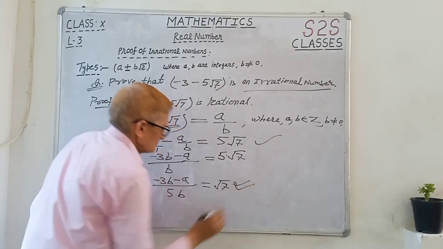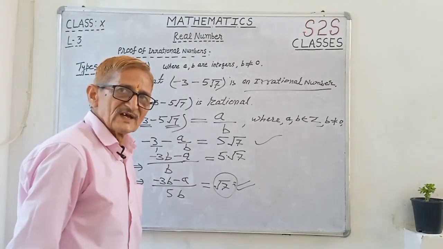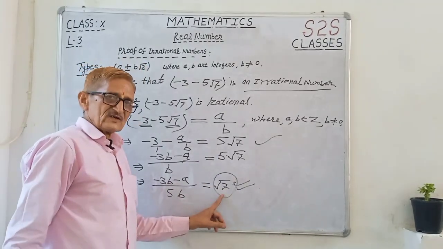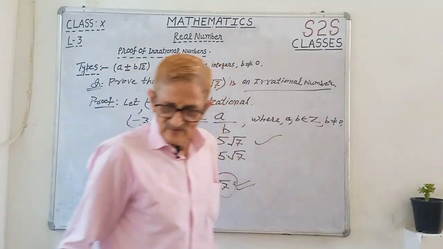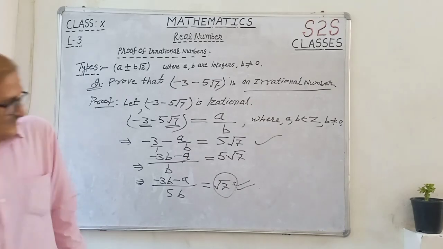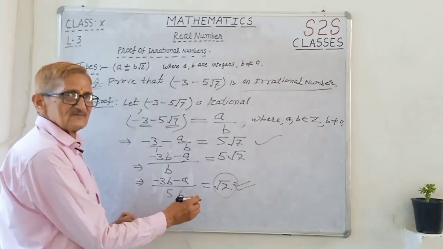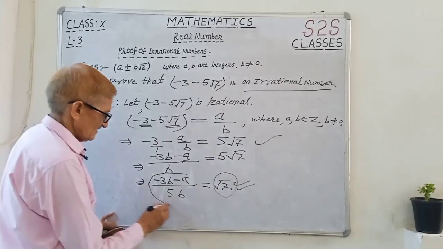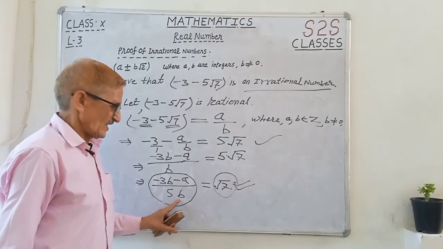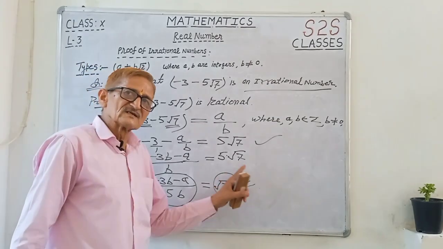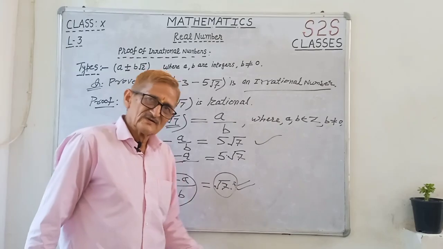Now at this place, this is purely irrational. So we can say, due to the fact, the same thing we have to write that we wrote in the last question: due to the fact that root 7 is irrational and minus 3b minus a upon 5b is rational, so it is a contradiction, hence our supposition is wrong.